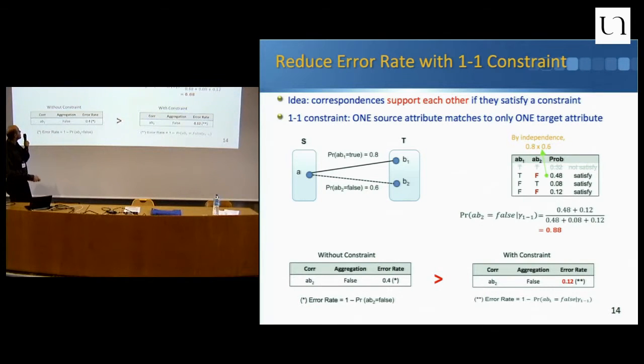If we have one-to-one constraints, we can exploit them. Let's say we have these two alternatives, A B1 and A B2, and based on the one-to-one constraint, only one of them can be correct.